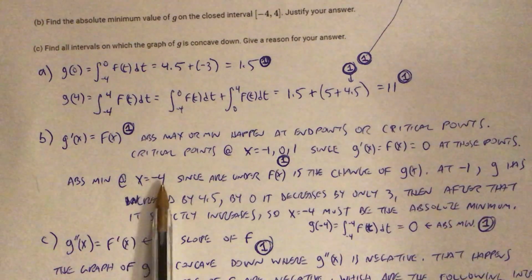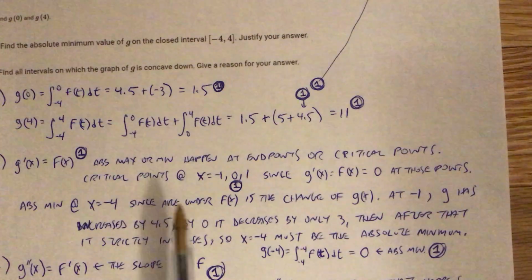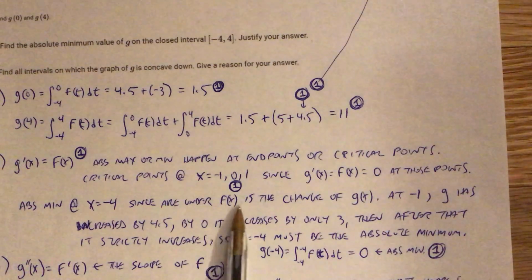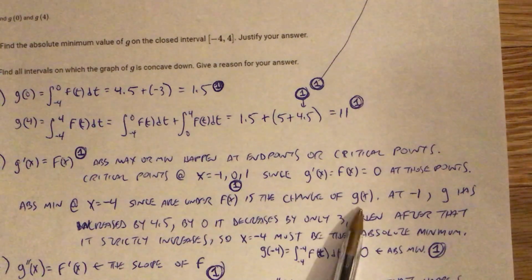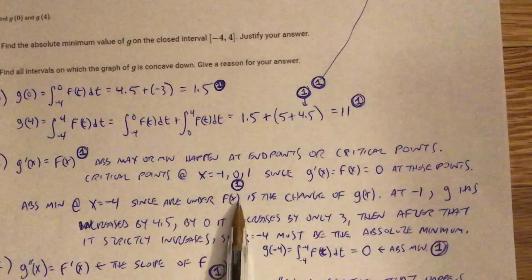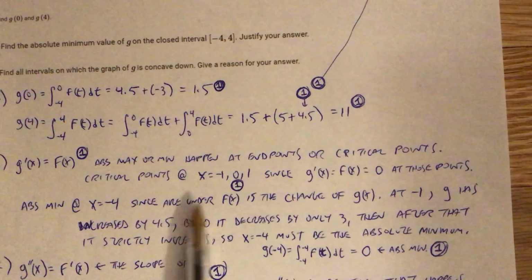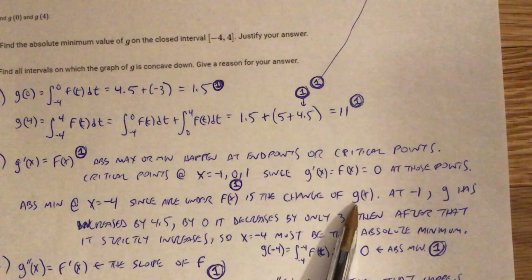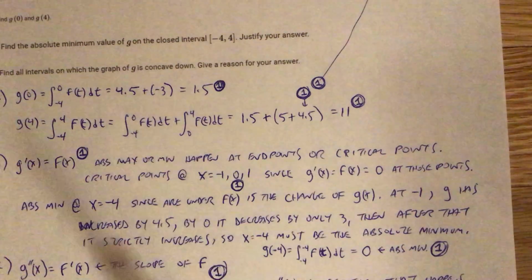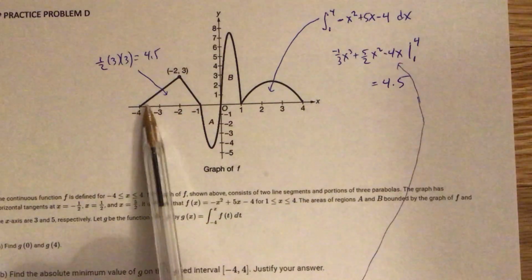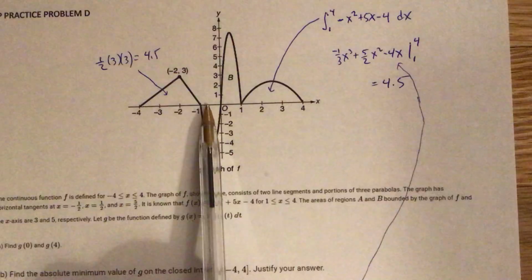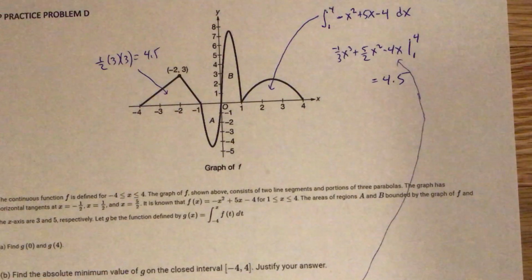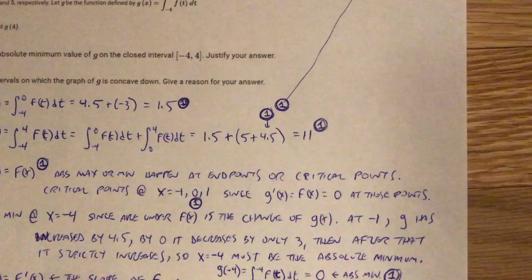Whatever the value is at -4, remember, area under f of x is going to be the change of g, because this is g prime of x, and area under the derivative gives you the change of the original function. So when I get up to -1, let's go back, make sure I don't get lost here.